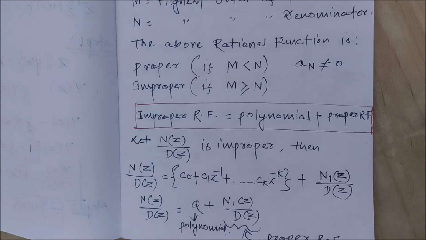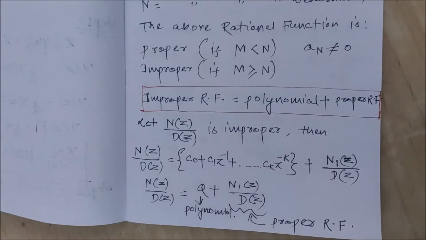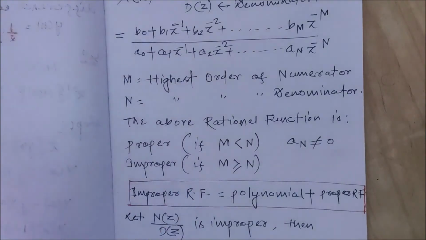This new function N1(z) by D(z) is a proper rational function. So we can say N(z) by D(z) is equal to Q plus N1(z) by D(z), that is polynomial plus proper rational function. These are the basic concepts which we need to understand before solving any numerical on inverse Z transform.